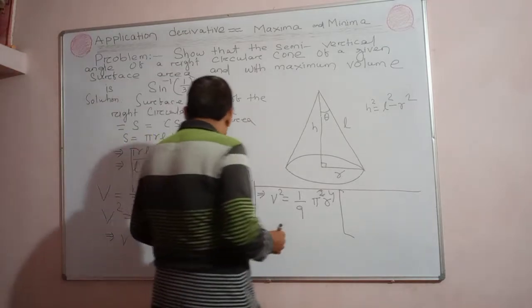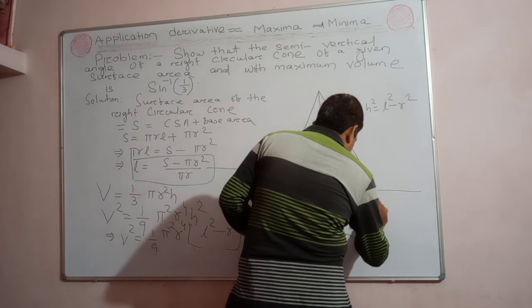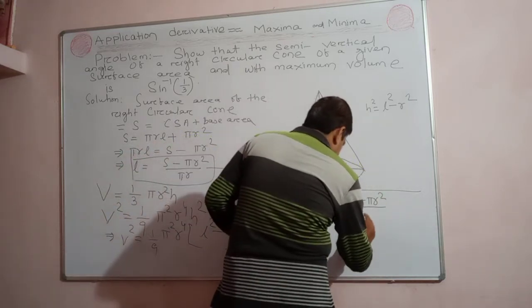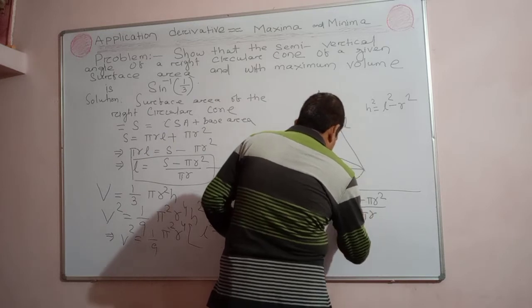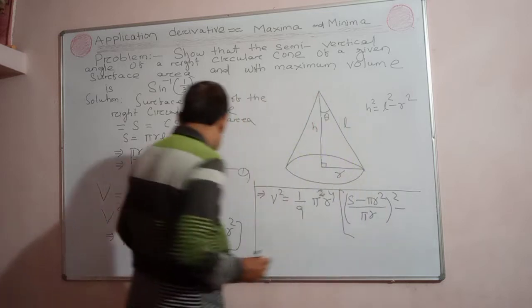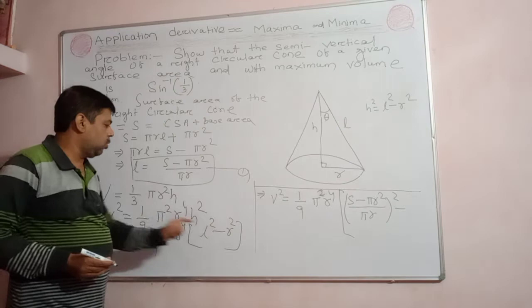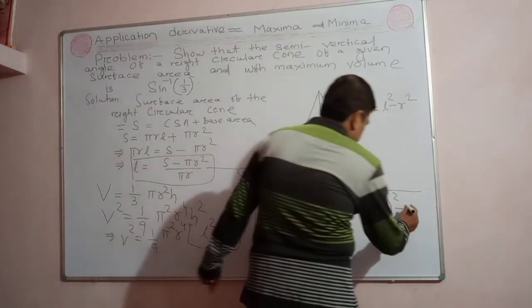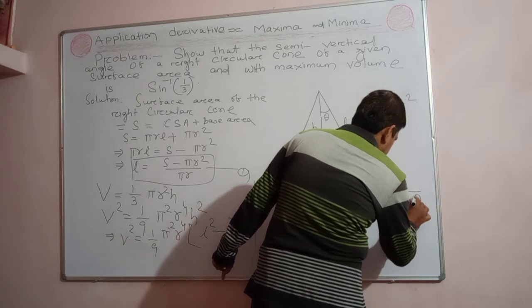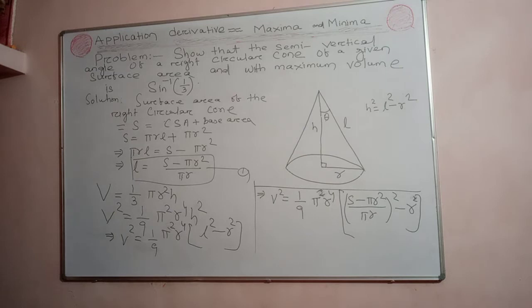So in place of L, write S minus pi r square by pi r, whole square, minus r square. Is it understood up to this?